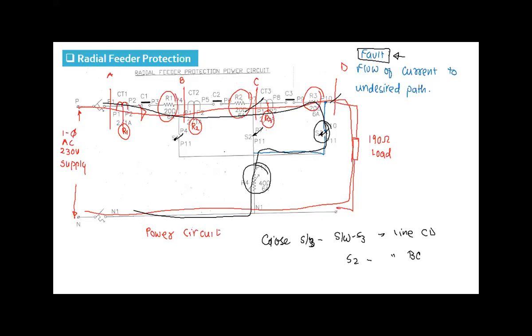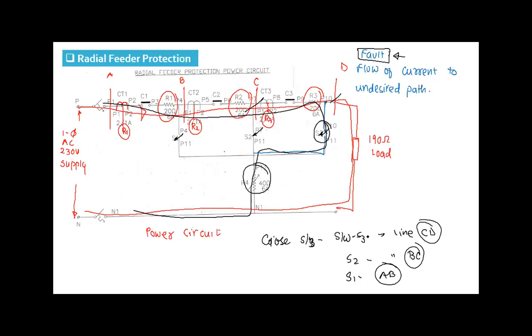And if we close switch S1, there will be a fault on line section AB. So there are three switches for creating fault in different line sections. Okay. And for this, we want to coordinate relay R1, R2, R3 to provide primary and backup protection.